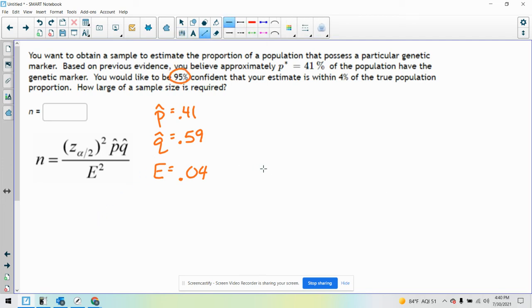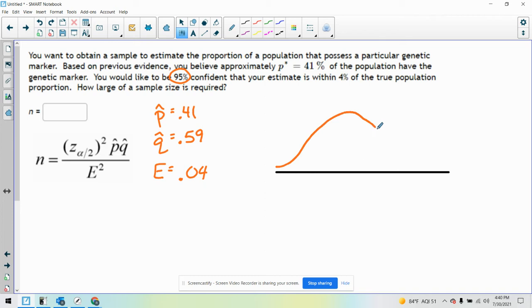So the first thing I'm going to do is just draw my normal curve, try and show you where my numbers are coming from. So here's my standard normal curve. That means the mean is 0, standard deviation is 1. I'm looking for the values of Z here, and negative Z, that cut off the middle 95%.